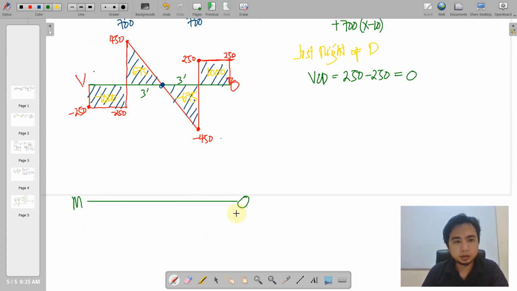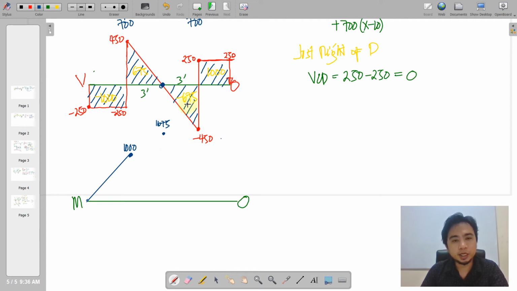This is 0. So first we have here 1000, and the connector is, looking at your shear diagram, a flat, so therefore this is a straight line. And then we add this triangle here from 1000. 1000 plus 675, we have 1675.